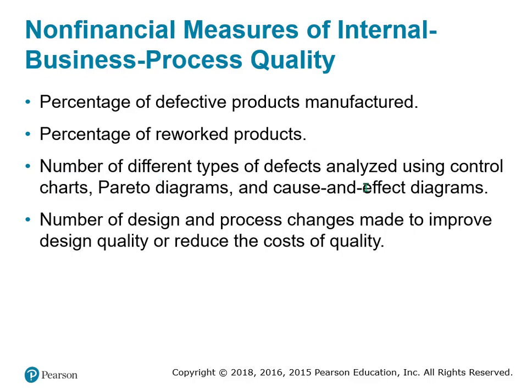Number of different types of defects analyzed using all those analysis methods that we just talked about. Number of design and process changes made to improve design quality or reduce the cost of quality. And notice that none of these products have left the shop yet, right? Okay, so they're not customer issues, they're internal business process quality problems.